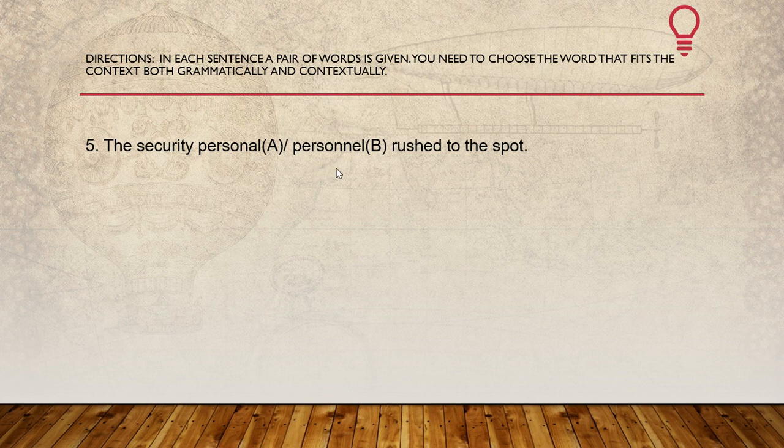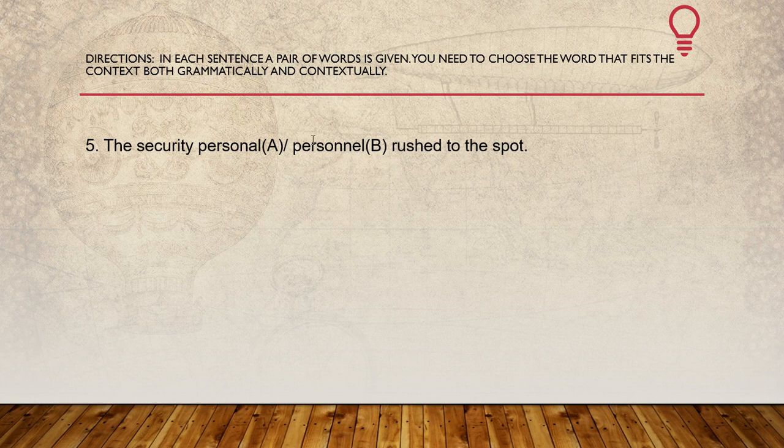So, what does the word personnel mean? Personnel generally refers to employees, employees of an organization, right? Like we generally say, right? Police personnel. That is those men or women who are employed in police personnel. So, the security personnel rushed to the spot. Yes, it makes proper sense.